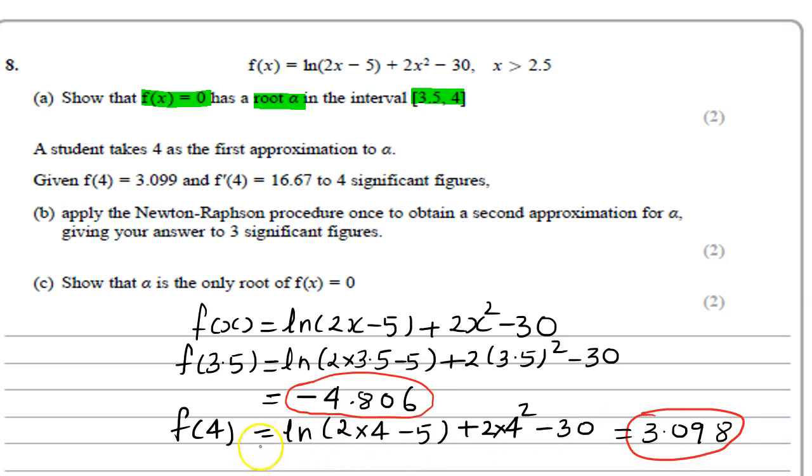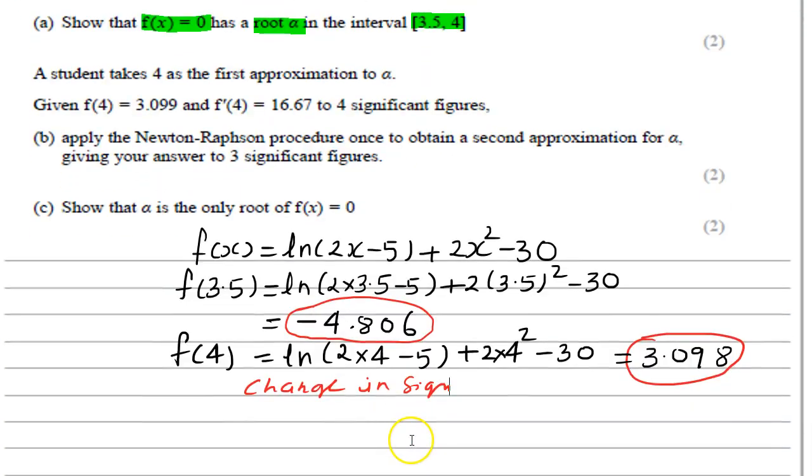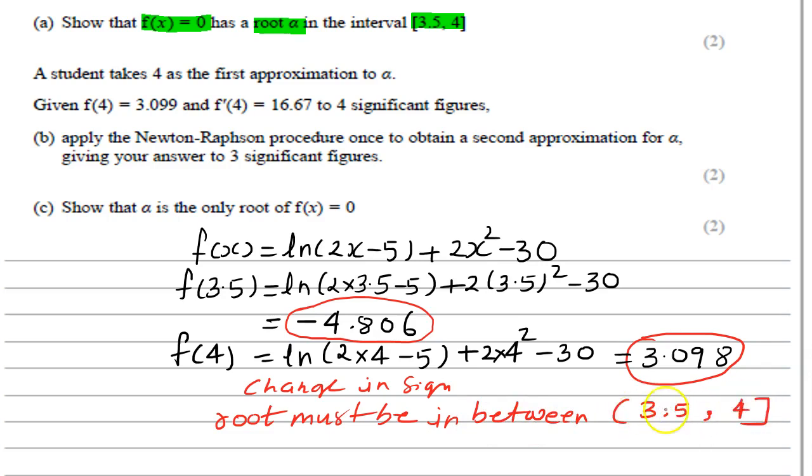So there is a change in sign. It means the root must be in between 3.5 and 4.